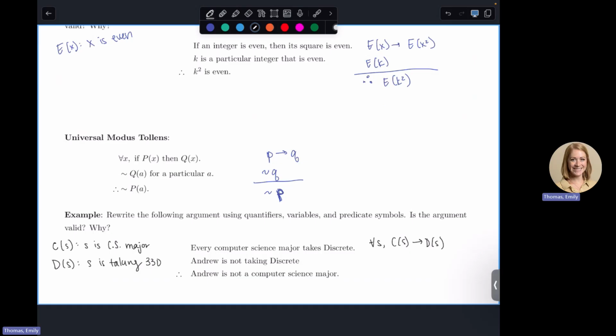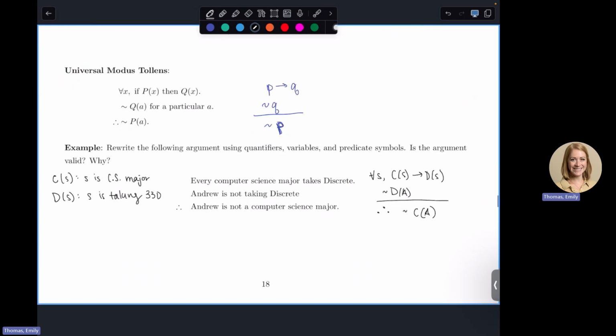Andrew is not taking discrete. And then the conclusion of our argument here is that therefore Andrew is not a computer science major.